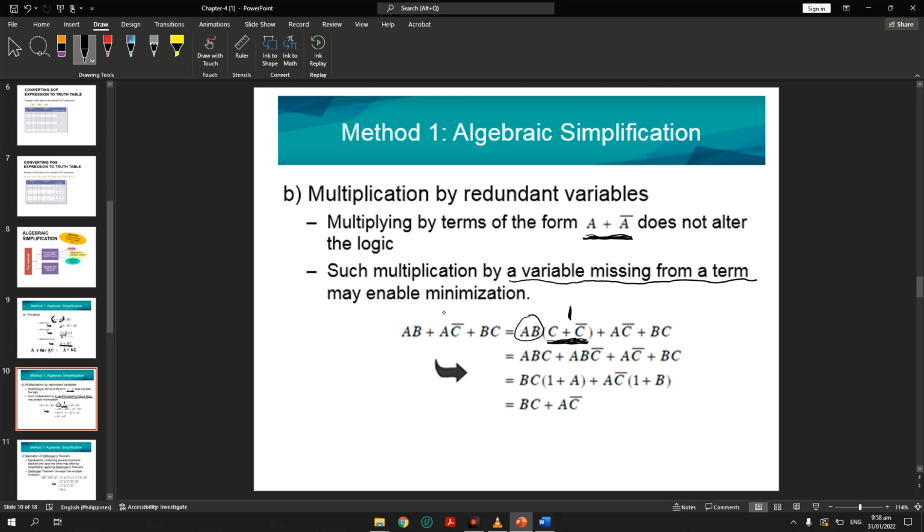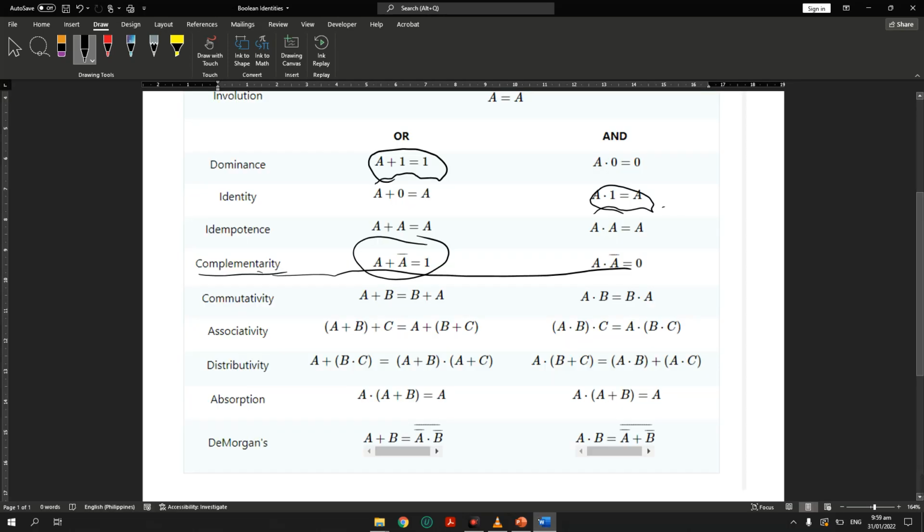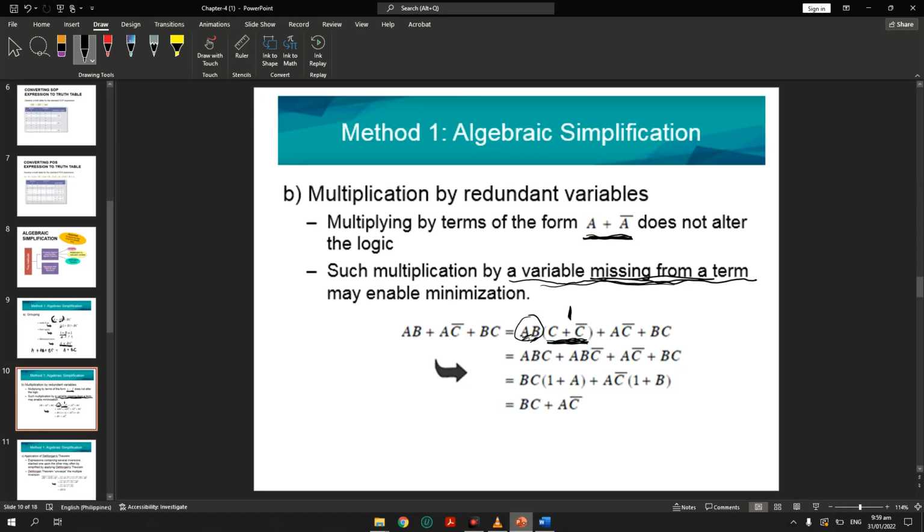Why not A? Because A is already present. Why not B? Because B is already present. So we will be multiplying the missing variable from the term. That's why we multiply C plus C complement, which, according to our complementary property in Boolean identities, is equal to 1.